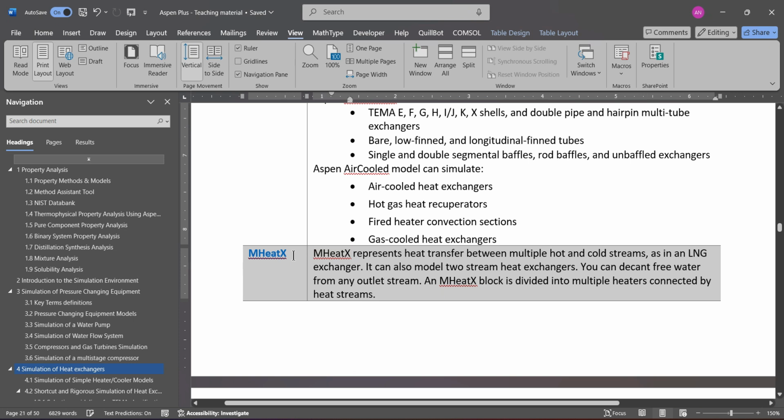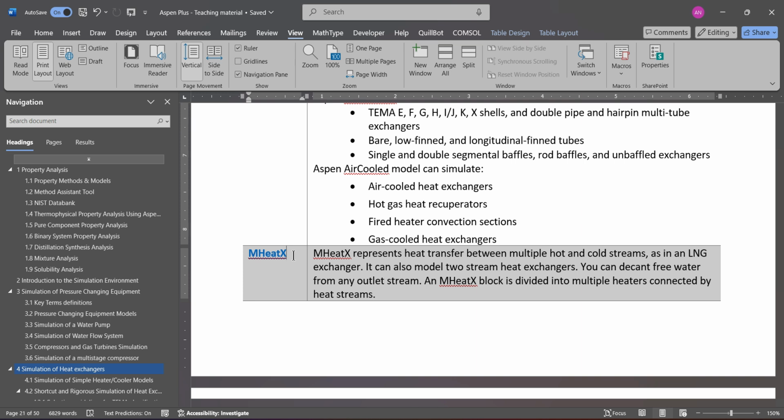Then there is another model for multi heat exchange simulations when we have more than two streams. Normally in a heat exchanger, one is the hot stream, the other one is the cold stream. But in typical applications in refinery, the most common one is LNG liquefaction.